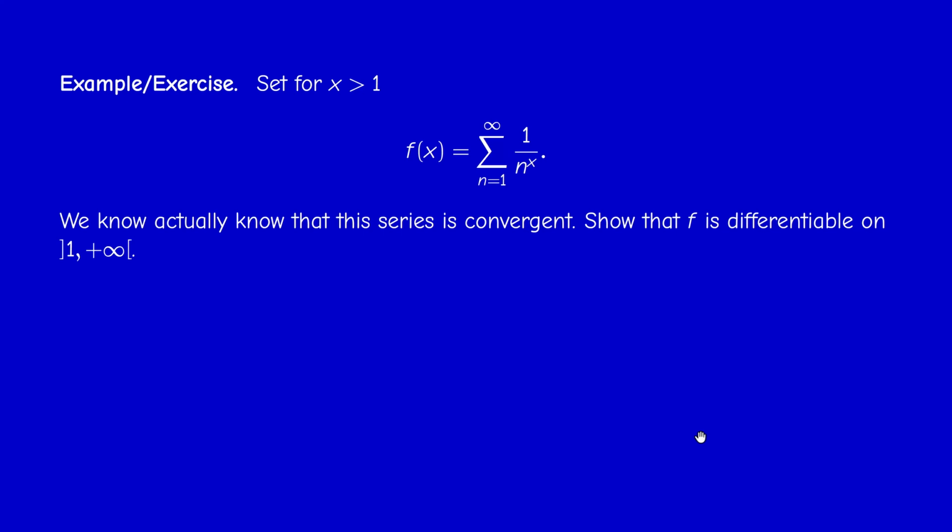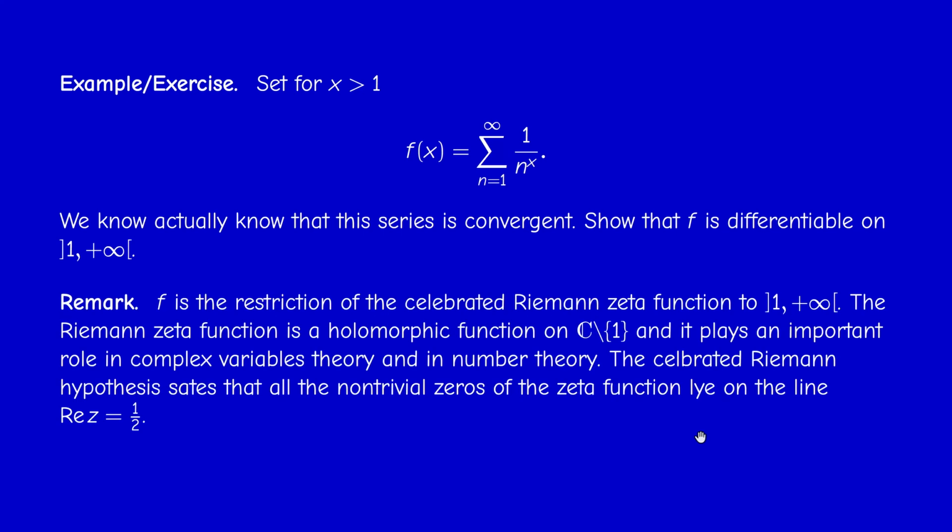And this example is actually a particular case of the Riemann zeta function. Actually, f is the restriction of the Riemann zeta function to the interval (1, infinity), because the Riemann zeta function is a holomorphic function defined on the whole complex plane without 1. And as you may know, it's very important in complex variables and in number theory.